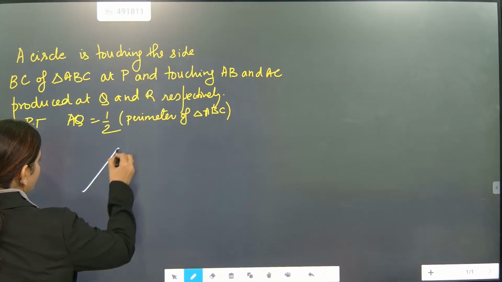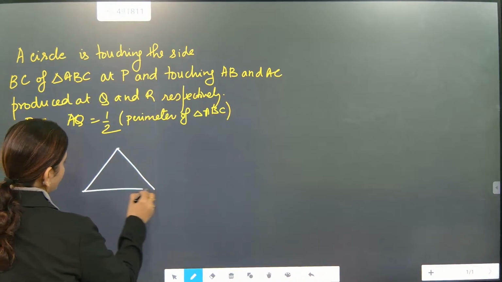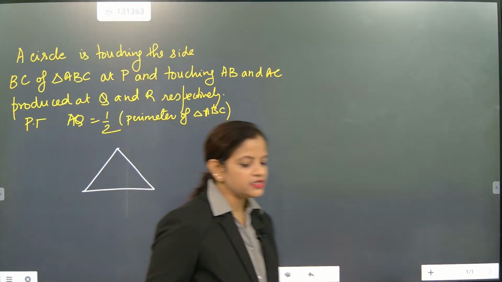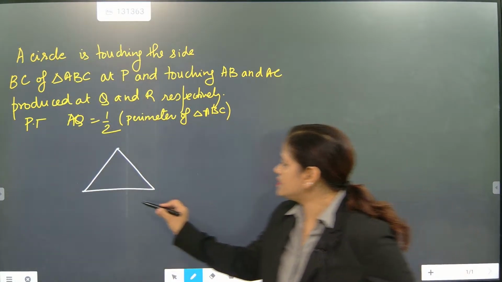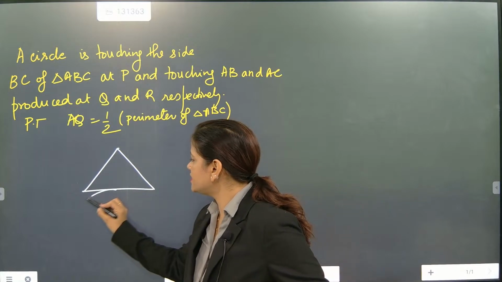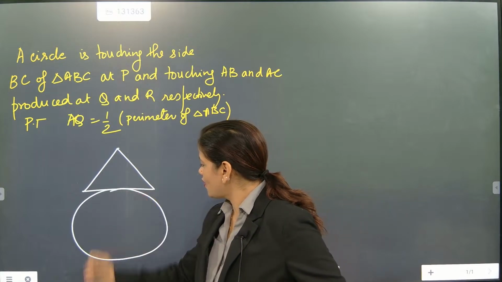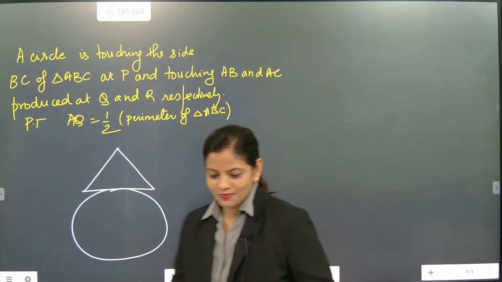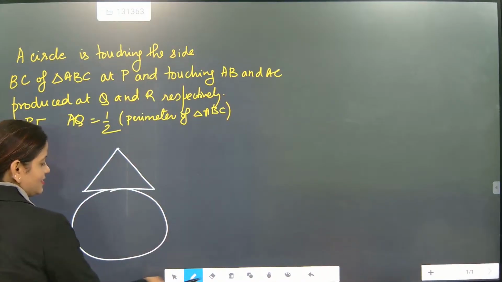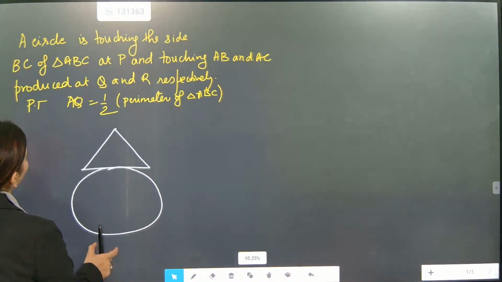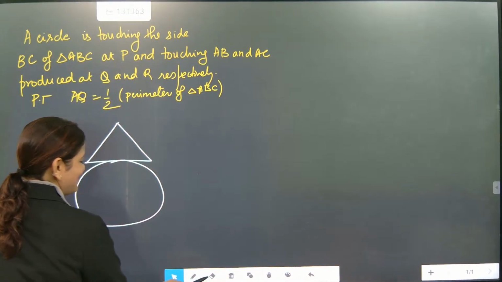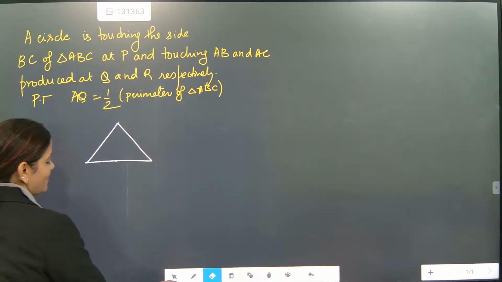The most important part is that one triangle is there, and one side of this triangle is touching a circle like this. Maybe my circle has a little problem. It is looking like a gulab jamun. No problem, we'll draw it again.